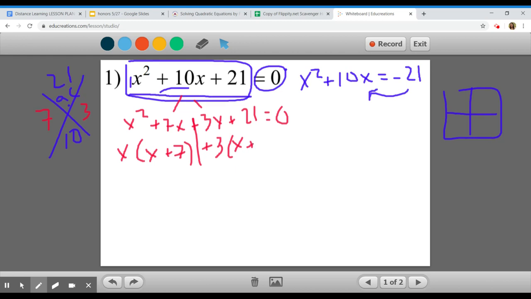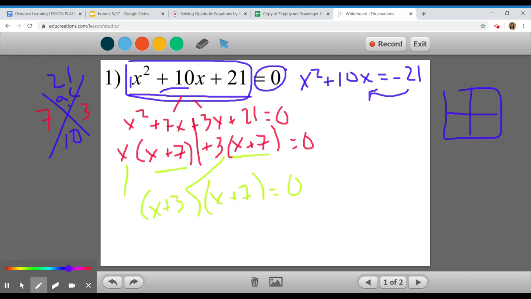I'm still looking at x plus 7, and that'll equal 0. My goal here being that these binomials are the same. That's what allows me to take these coefficients and regroup them. So now I have x plus 3 times the quantity of x plus 7 equals 0, and it's factored.